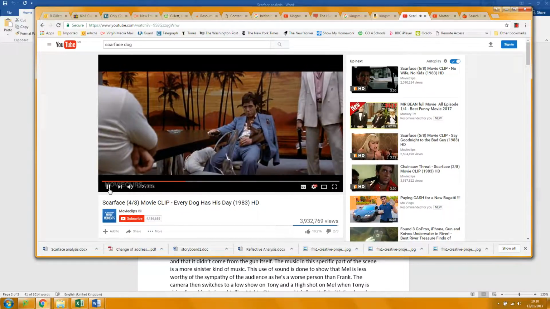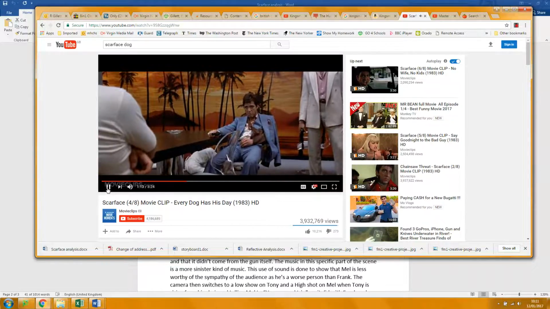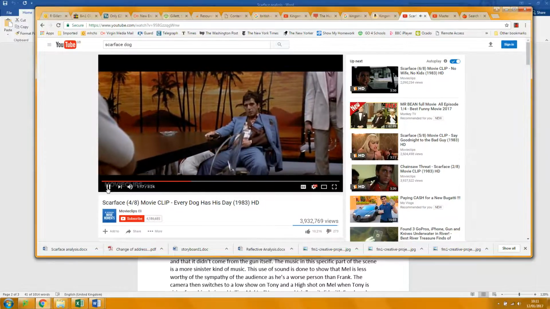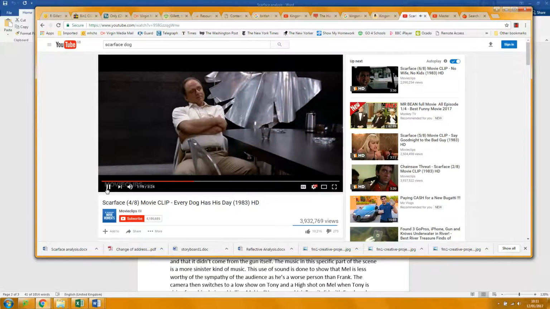But what I thought was interesting, again, the camera's moving in. This line, the side of the table, the black edge of the table here, suggesting the route of the bullet. It's almost like a clue to the audience that this guy is going to get shot in the stomach, or he's going to get shot anyway, just to pick that up. Again, the tension is increased by the camera moving in on Tony.